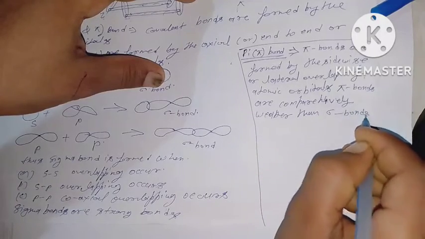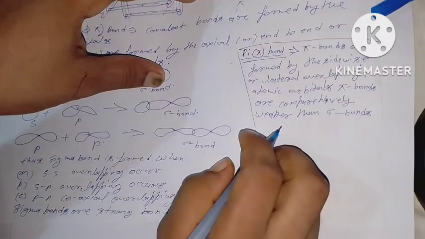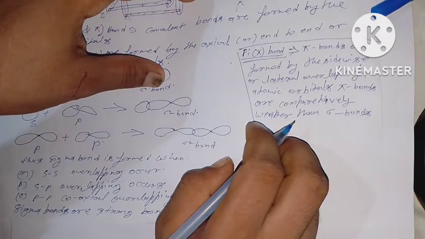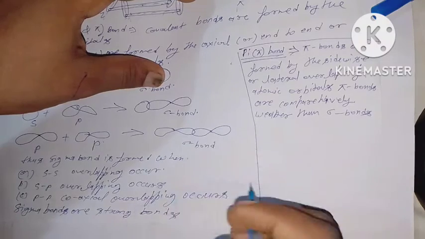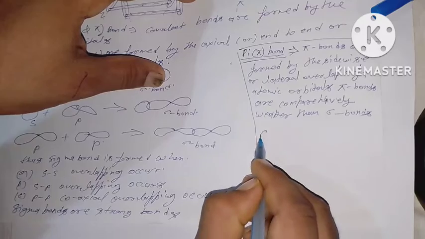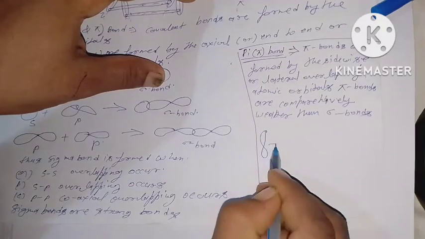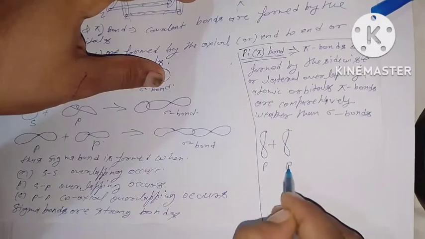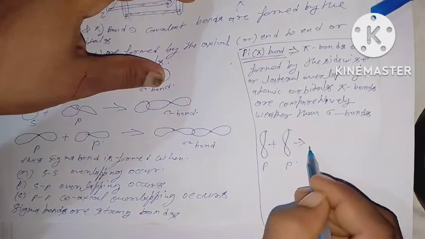Pi bonds are formed by the sidewise or lateral overlap of atomic orbitals. Pi bonds are comparatively weaker than sigma bonds. This is p orbital plus p orbital.